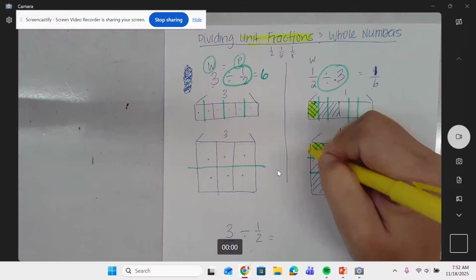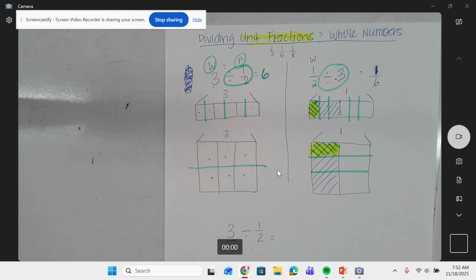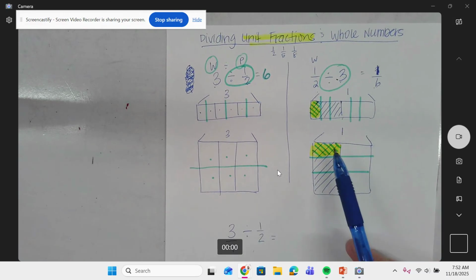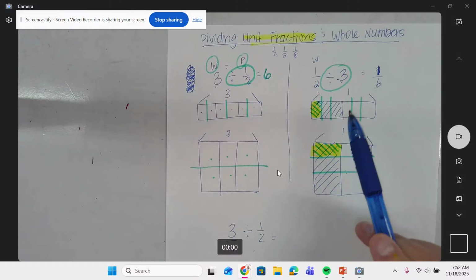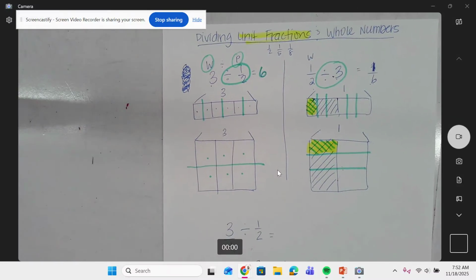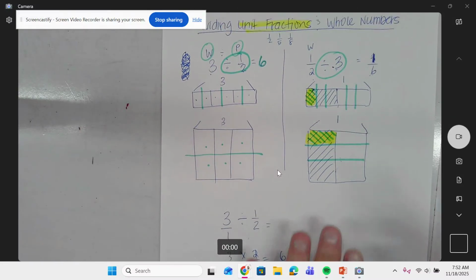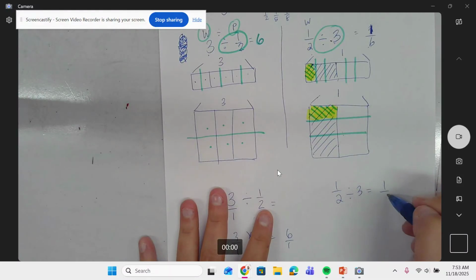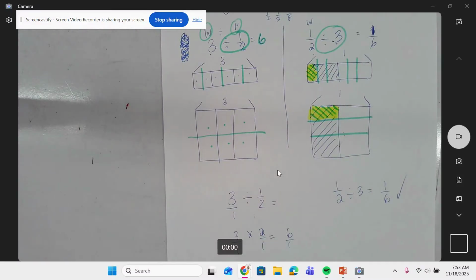And so again, the models are here for when they have word problems. And the reason that we practice these without word problems is so that when they get to a word problem, they've already had practice drawing the tape or the area model that matches the thinking in that word problem. Realistically though, if they just see this on a test where it says half divided by 3, if they know how to solve it, they get the points for it.